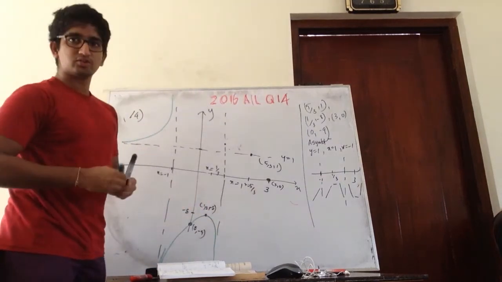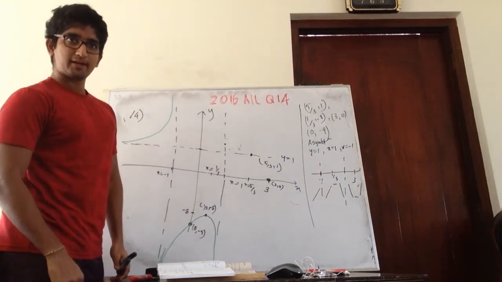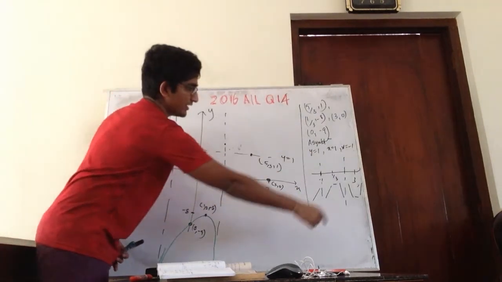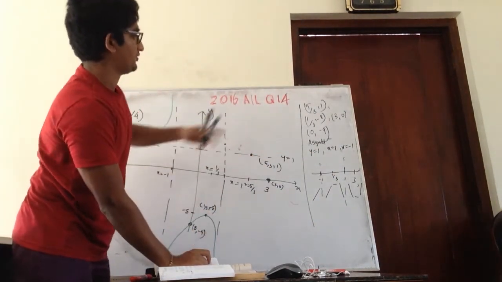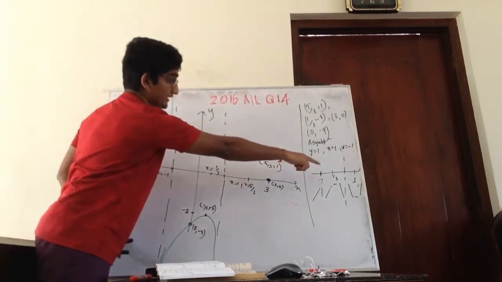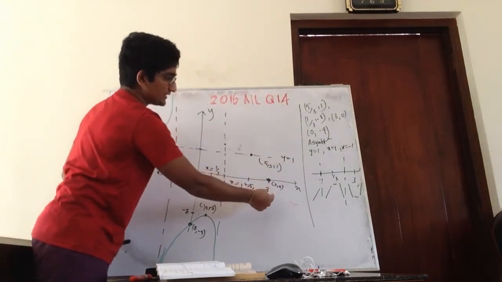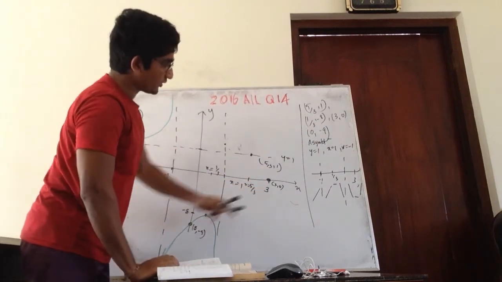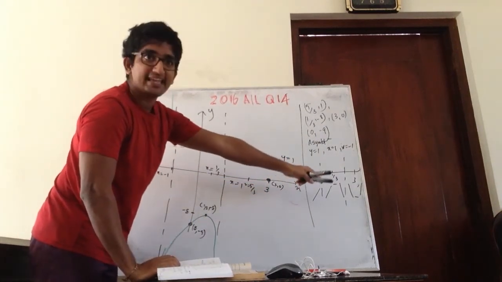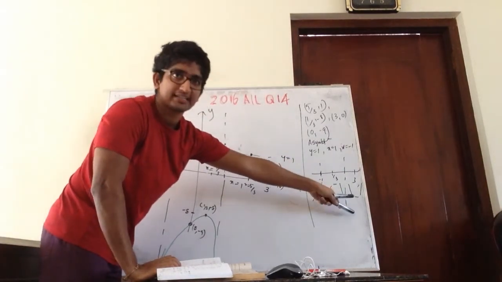It comes like this, no? Because it has a curve like this, after here it's going to decrease. So then at x equals 3, there's a lowest point here, right?